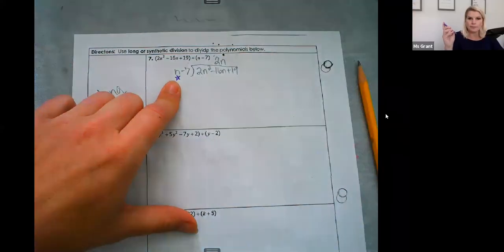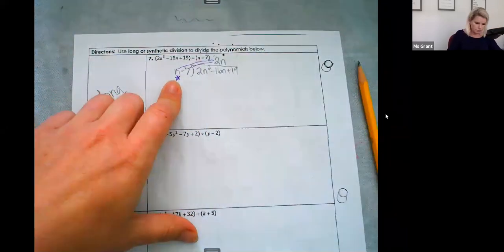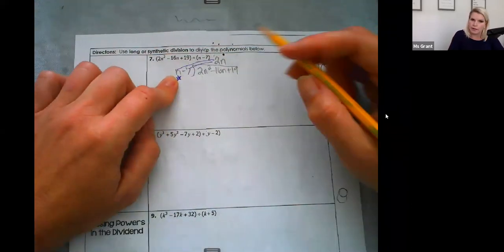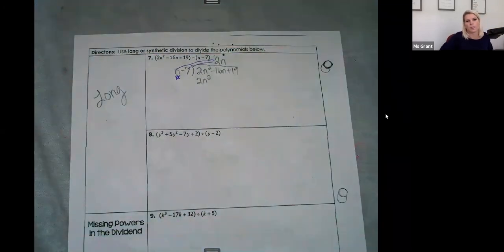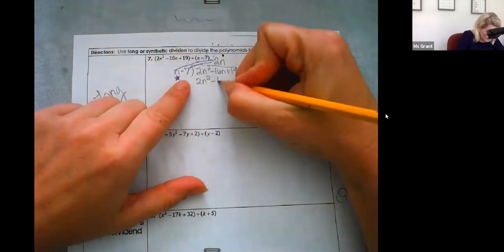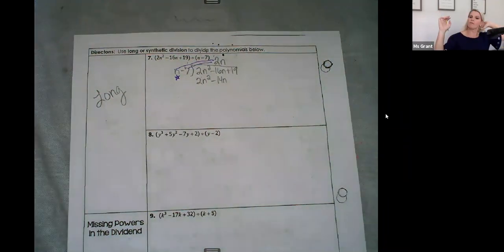Now I'm going to multiply the n times 2n and the negative 7 times 2n. N times 2n, 2n squared. Then I do the negative 7 times 2n, negative 14n. Okay.